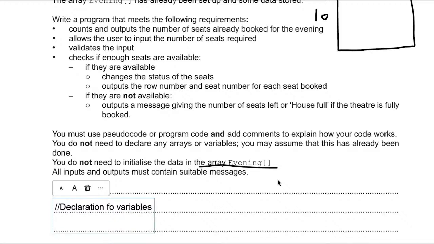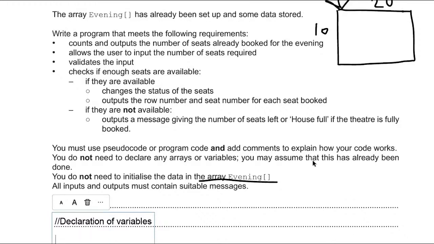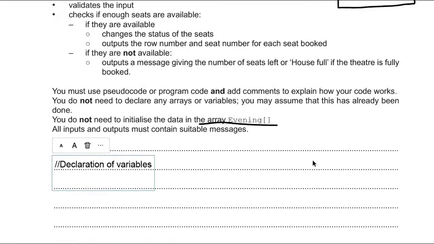Now, I know some of you might shout at this point, why are you declaring variables? You just read that you are not supposed to declare any variables. Like I have explained before, this is a part of my own planning for the question. So I know what variable name I've decided for which part of the task, and I don't need to think for it in the middle of my answer.